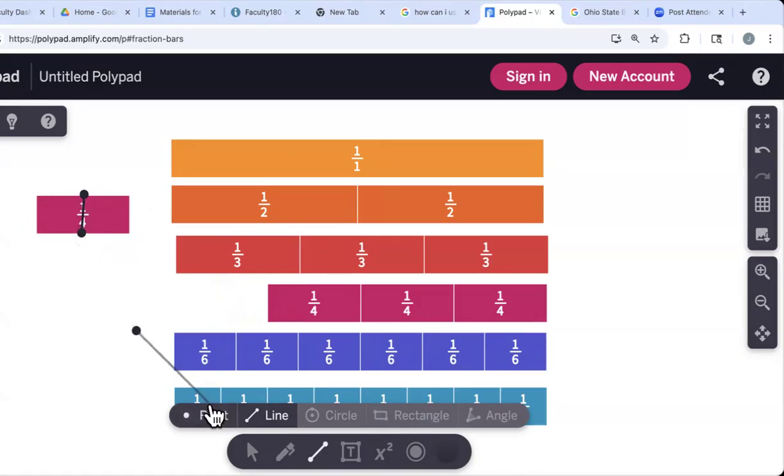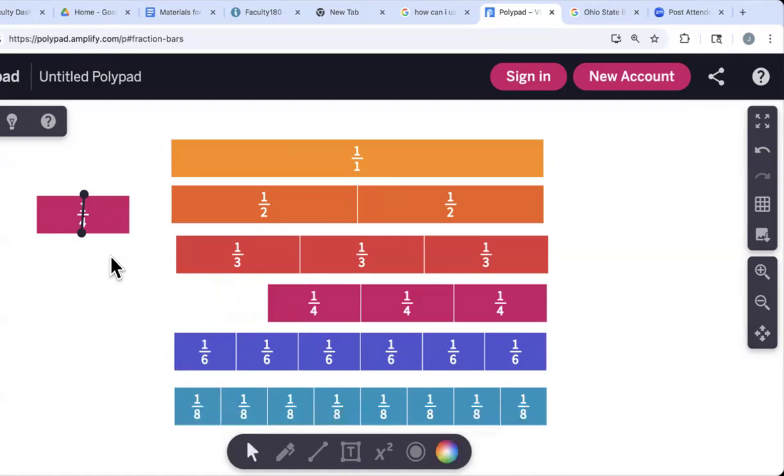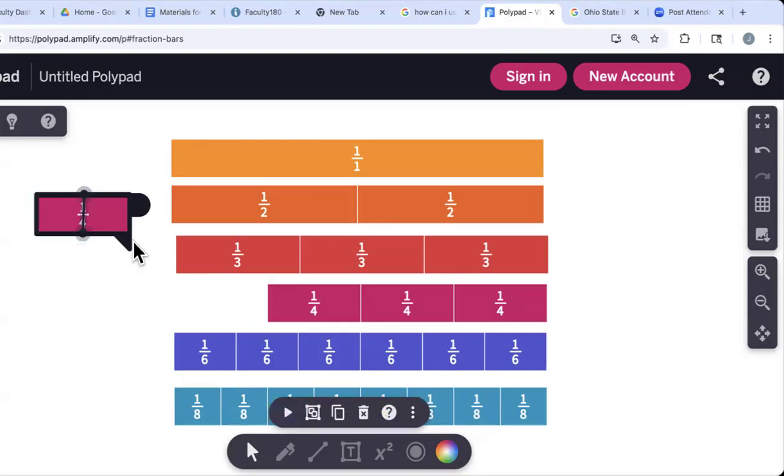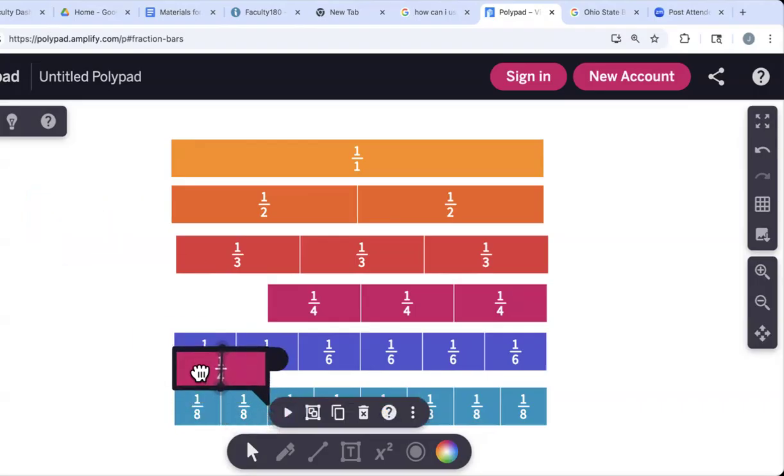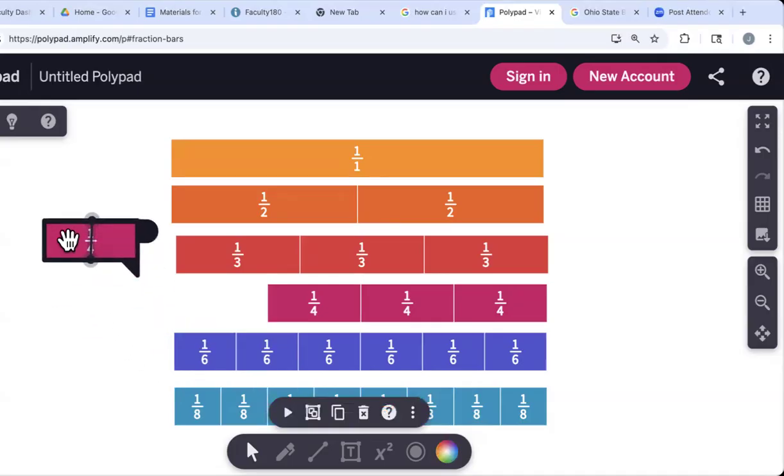So here's 1/2 of 1/4. What's 1/2 of this 1/4 piece? Let's move it together like that. I would think that that's equal to 1/8. So you can even do division, you can do multiplication of fractions, addition, subtraction, and you can visualize why you would do what you're doing.